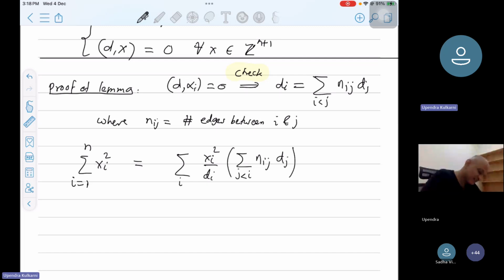What is this? This is something very easy. The only thing that I have done is that let's call this star, and I have used star over here.